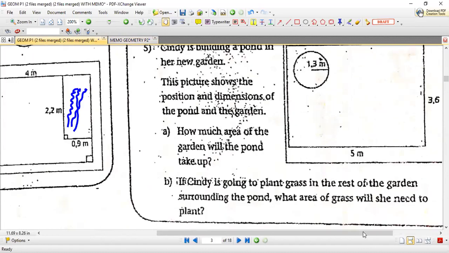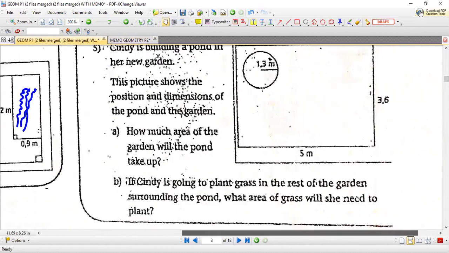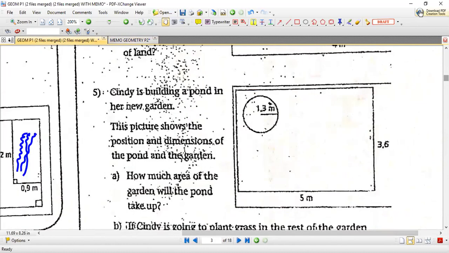which is similar to the one with the bath, but now we have a pool in a garden. So there's a pool, there's the rectangular garden. Question 5A says, how much area of the garden will the pool take up? So in other words, just this circular pool, what area would it take up?